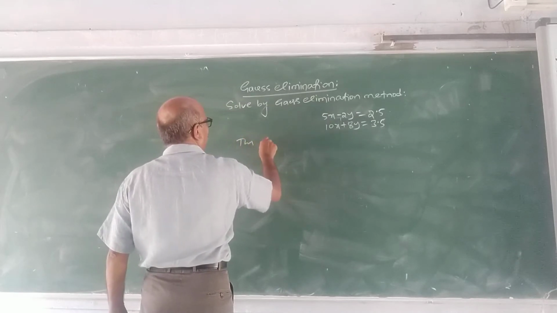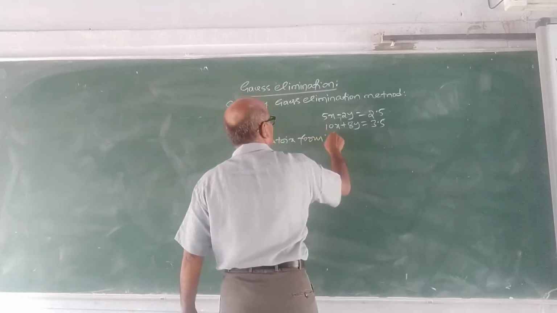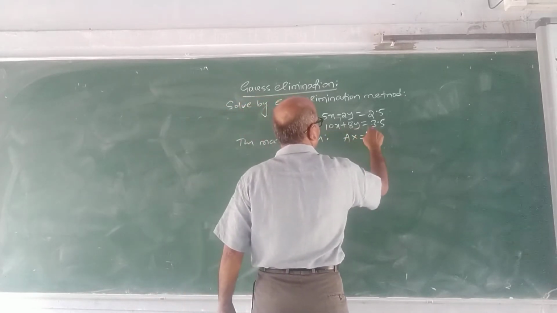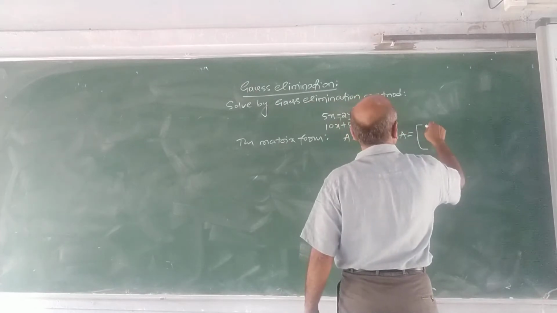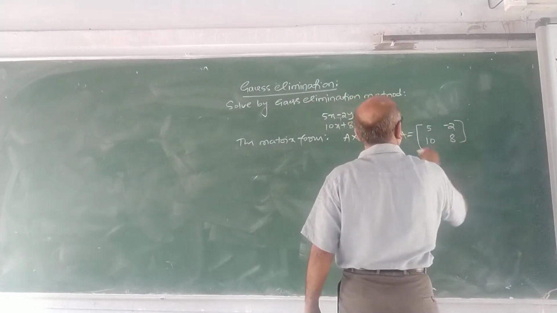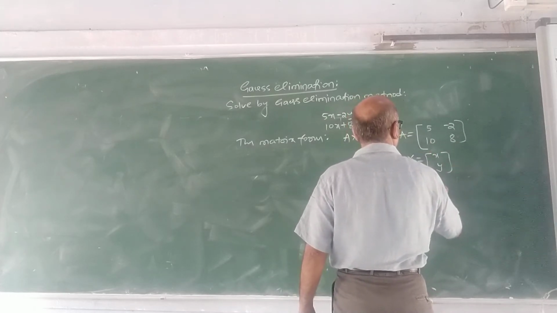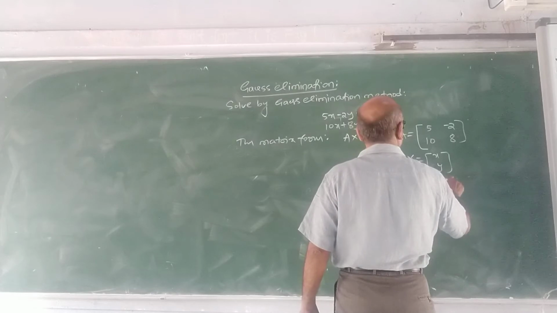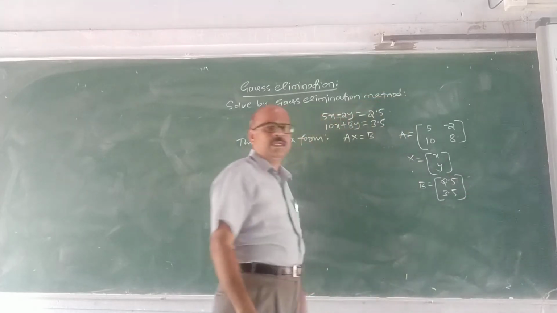The matrix form of the equation is AX equal to B. What is A? A is the coefficient matrix: 5, minus 2, 10, 8. And what is X? The matrix of unknowns. And what is B? B is the matrix of constants: 2.5, 3.5.